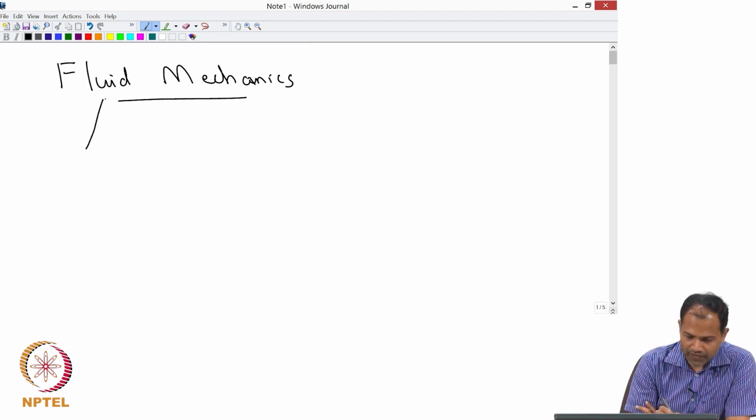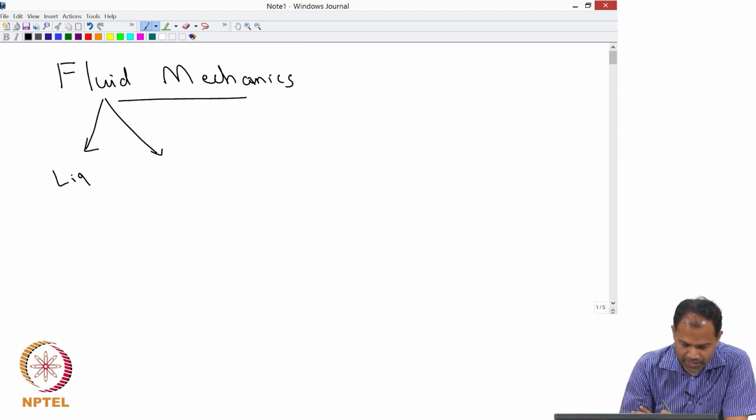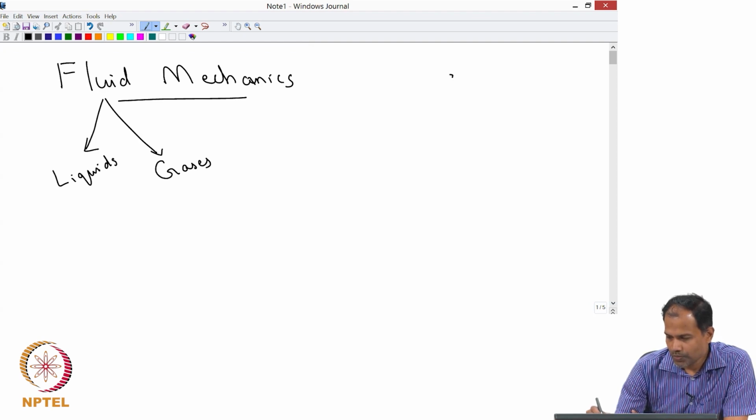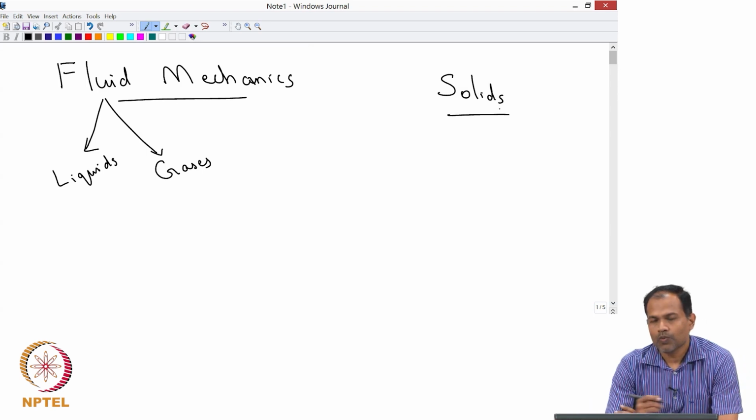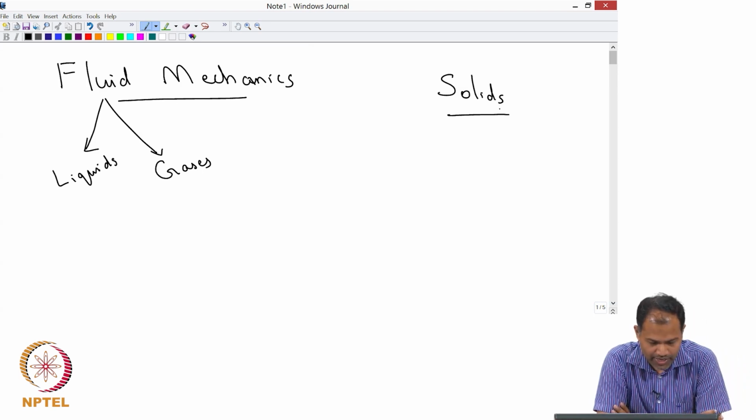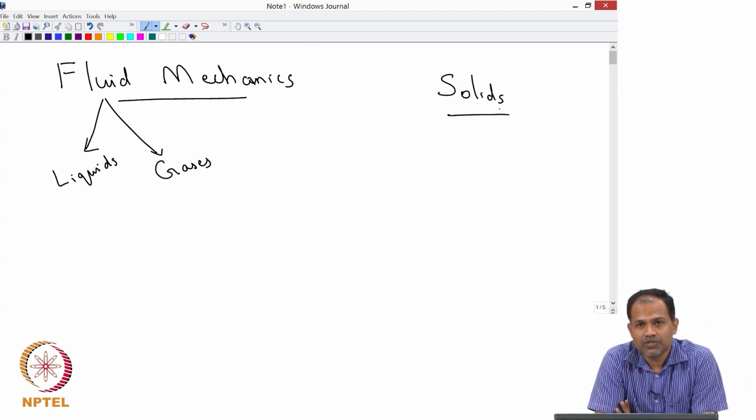So, typically we have fluids as constituted by liquids and gases as opposed to solids. So, what is the difference between solids and fluids? As all of you know, solids have a definite shape. They do not change shape according to the shape of the container in which they are situated.